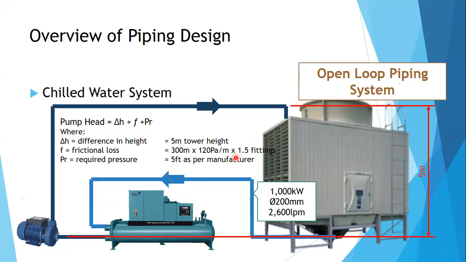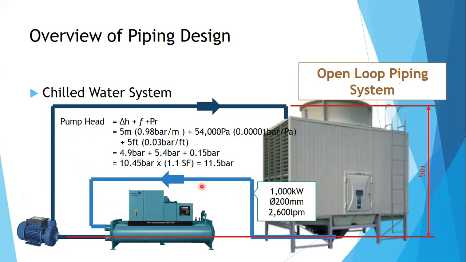For our example today, we will only assume the pipe fittings will be at 50% of the pressure drop of the straight pipes, and then 5 feet as per manufacturer's requirement. For pipes, since it's high pressure, we would use the units of bar. 1.1 is our safety factor.